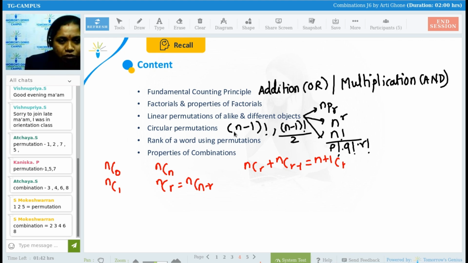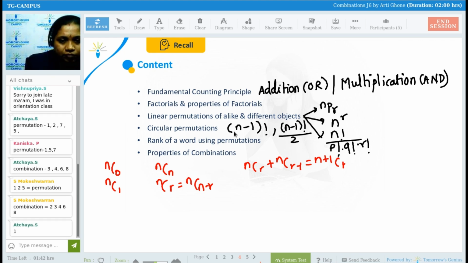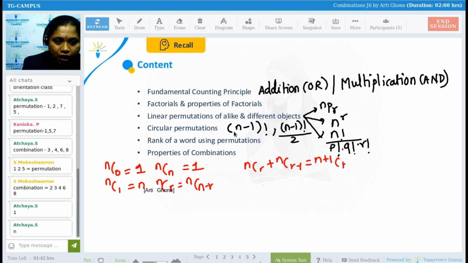Tell me what is nC0. nC0 is 1. nCn is also 1. nC1 is equal to n. Then nC middle term, we'll take that in the next part. But these are some of the required properties, and with the timing, whatever properties are required, I'll teach again. Property is actually next after combinations, but we have taken it first.